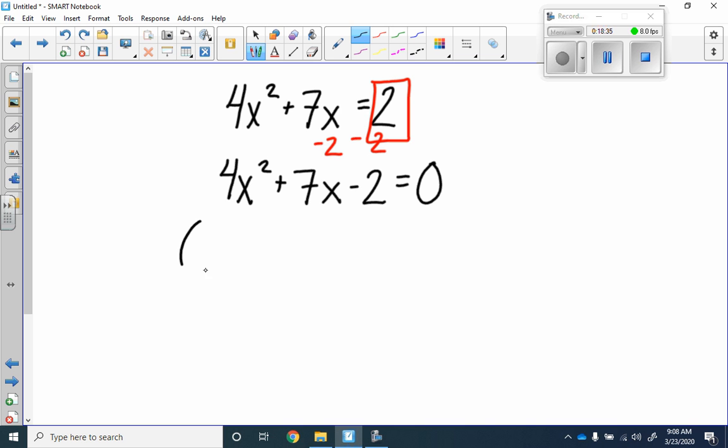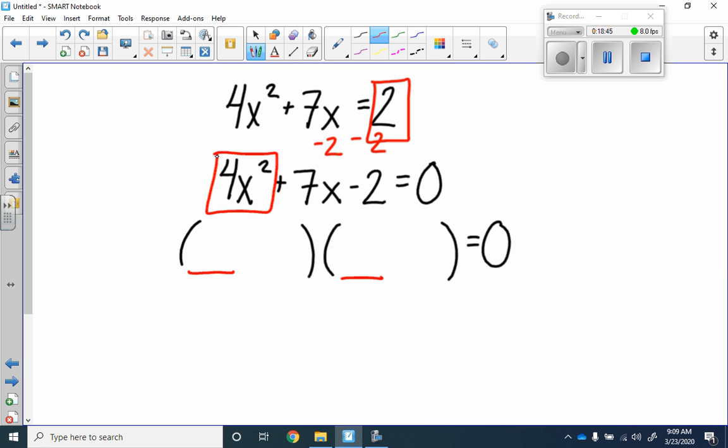So now, as I factor this out, we're going to try and see what two numbers we can multiply together to get 4x squared. Once again, I typically like to do 2x and 2x to start with. Then I'm looking for two numbers that multiply together to be negative 2. So it's got to be a negative 2 and a positive 1. One's going to have to be negative, one's going to have to be positive.